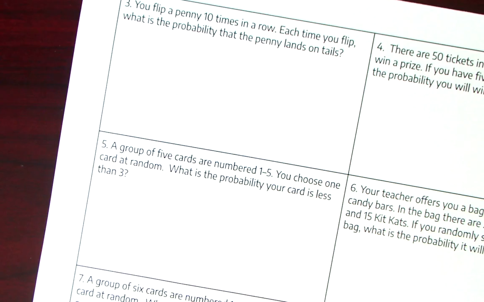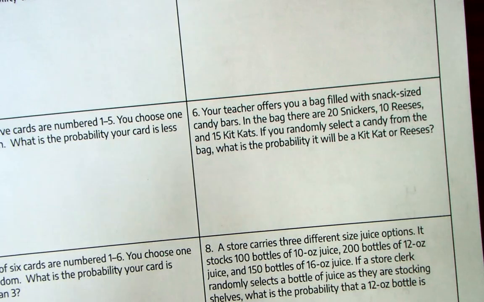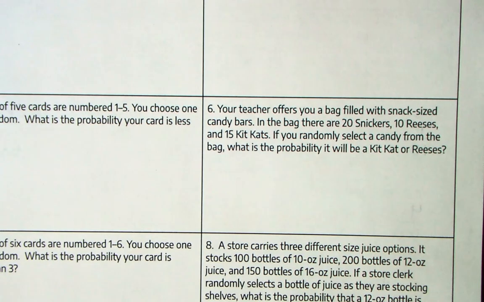All right. Let's get you started on a problem where perhaps it's not as clear what to do. Okay, and so we'll use our problem solving strategy. We'll think about what does the question want, what does the question have, and then how you're going to organize your thinking to connect the have to the want, to get the want. Okay, so what's the situation? Your teacher offers you a bag filled with snack-sized candy bars.